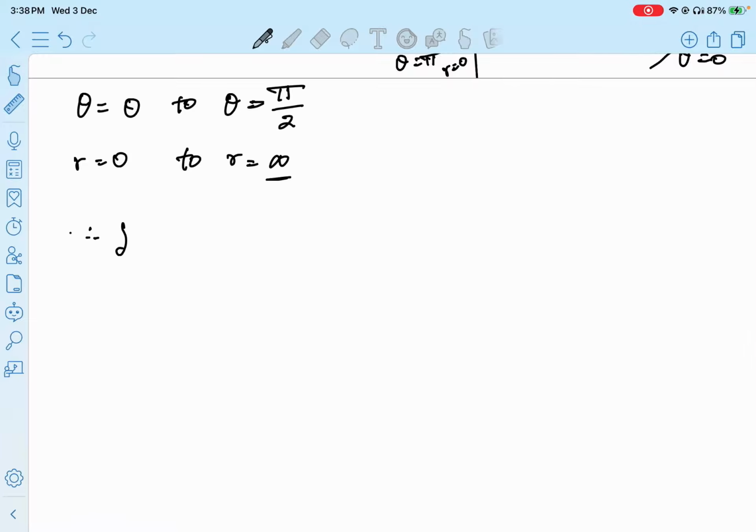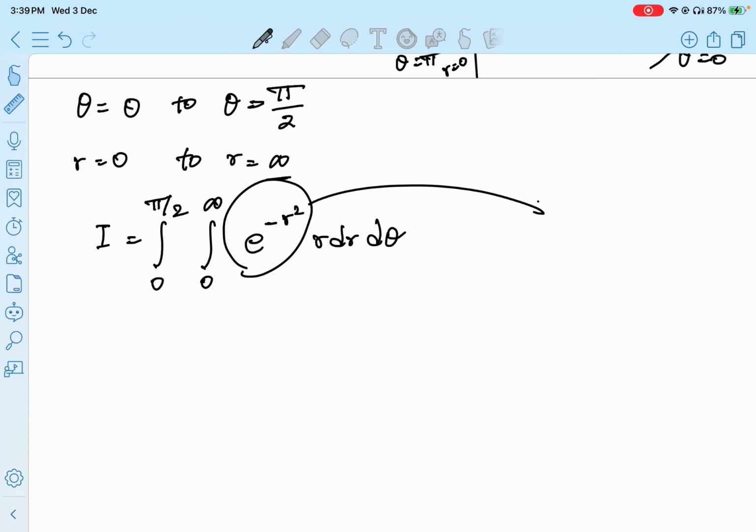Therefore, I equal to the integral from 0 to pi by 2 and the integral from 0 to infinity of e power minus r square into r dr d theta. How did we write this? e power minus of x square plus y square, and we already know x square plus y square is r square.